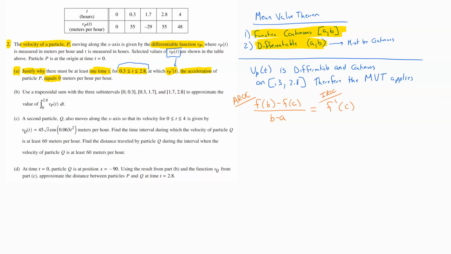Well, how convenient. What we want to show them here is that our derivative, v prime sub p of t, needs to equal 0. Well, to do that, we're going to want to show them that at some point this average rate of change was equal to 0.